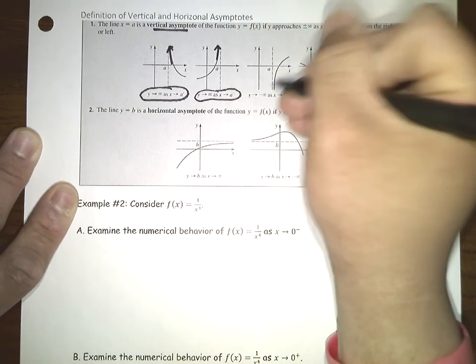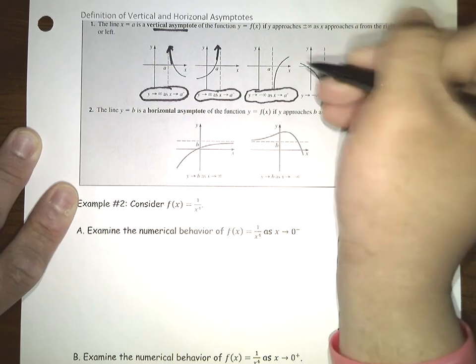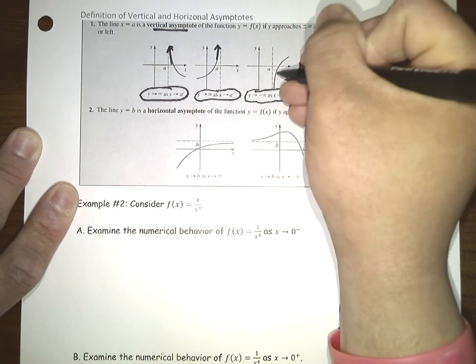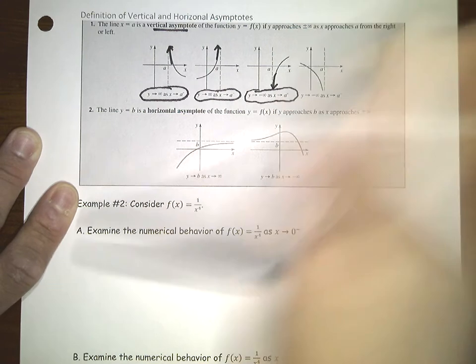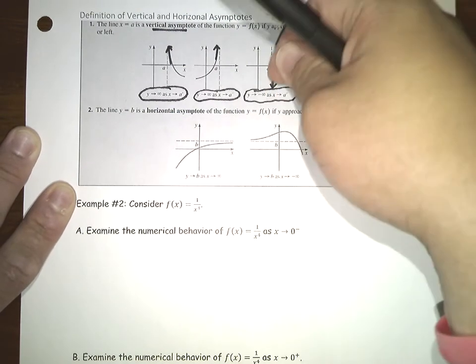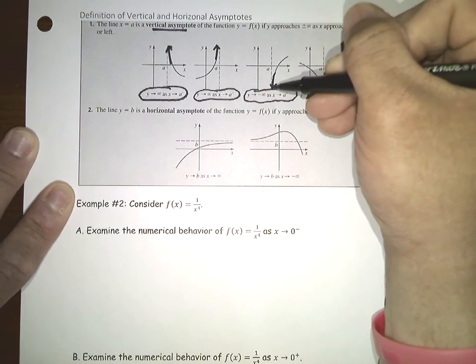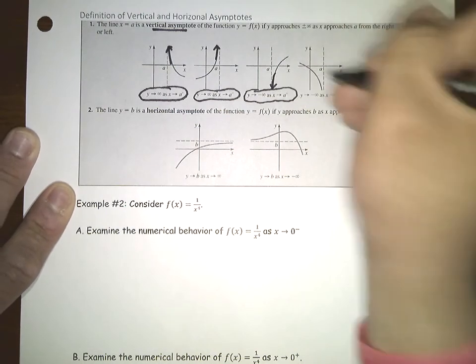And then this is y approaches negative infinity as x approaches a from the right, so the y values are going down as we get closer and closer to values of a that are a little bit bigger than a.